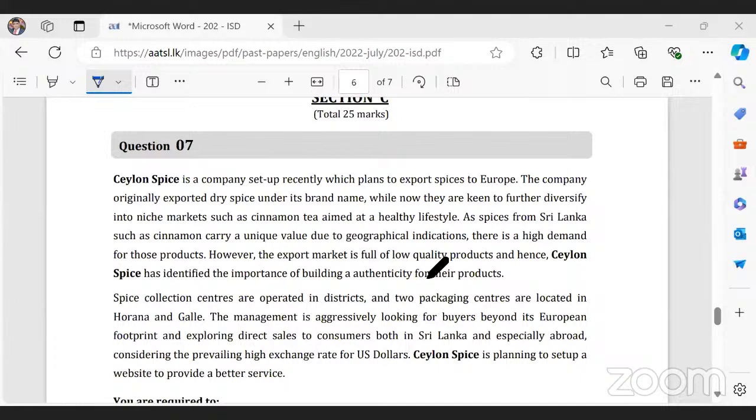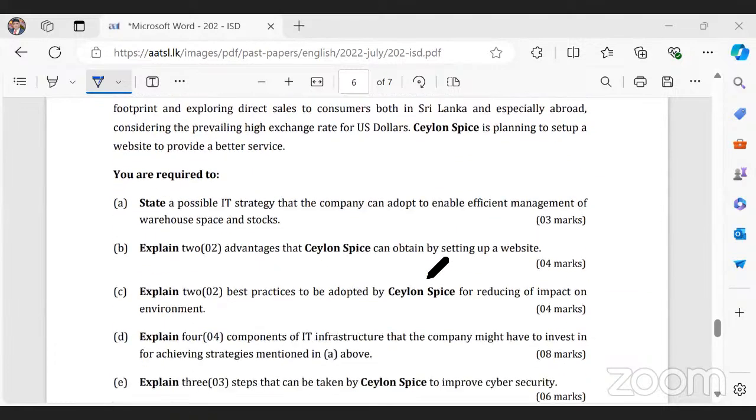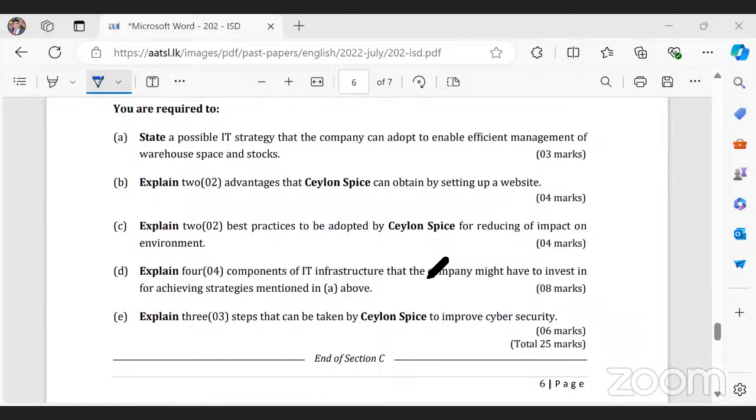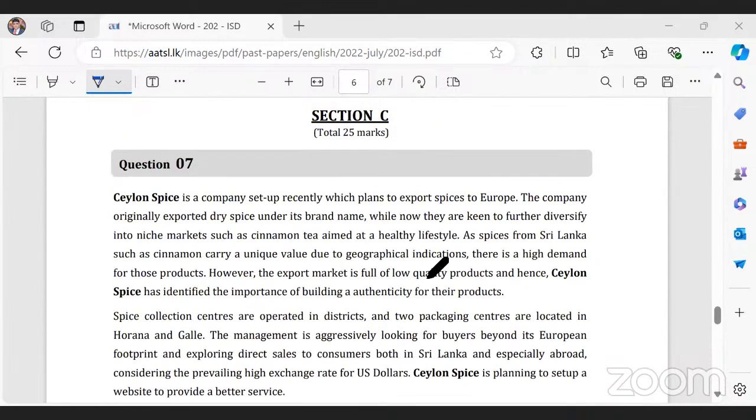Don't try to read the case study for each of the questions A, B, C, D, E, reading it 5 times. If possible, you can understand it at once. That is good. If not, don't try to read it more times, but you have to answer around 5 sub-questions from this case study.